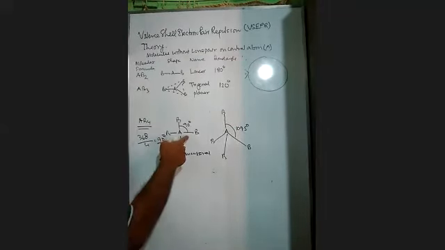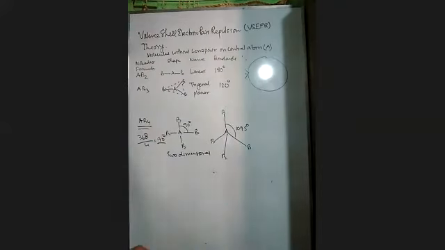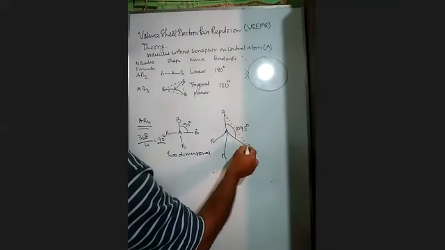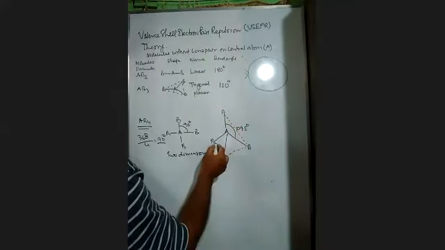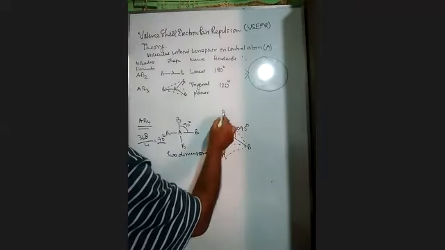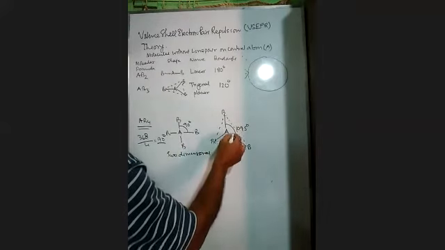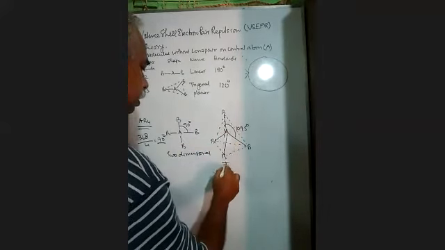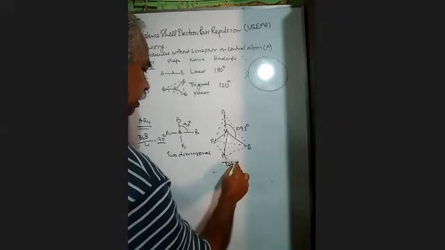See, it is 90 and it's 109.5 degrees. You can almost think it's 110, a difference of 20 degrees. That reduces the strain, the repulsion between them. Now, if I connect all the edges, how does it look? We call this tetrahedral.